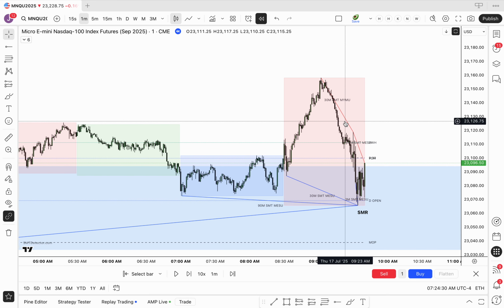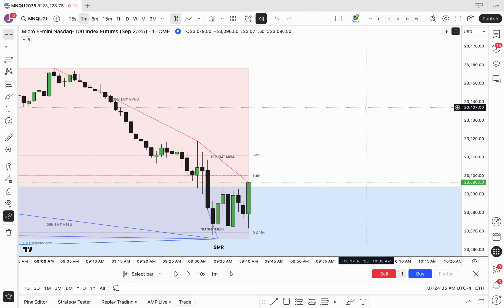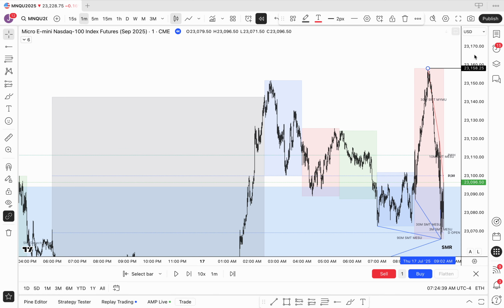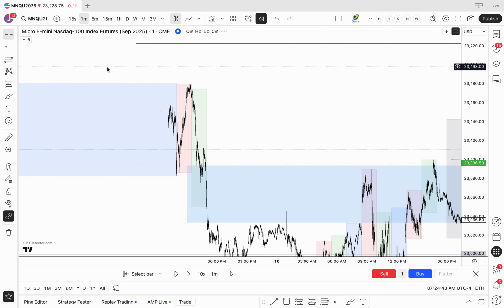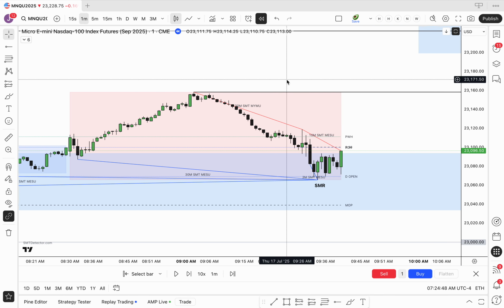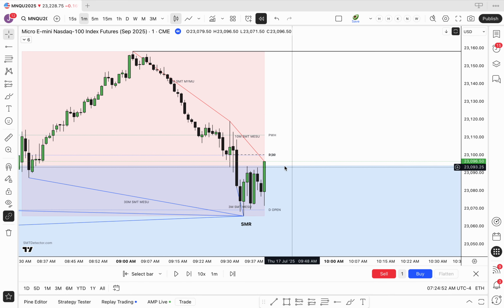And then you're waiting for CSD to get long and complete the market maker model. And the first market maker model would be here. And the second one would be here at the hourly high.